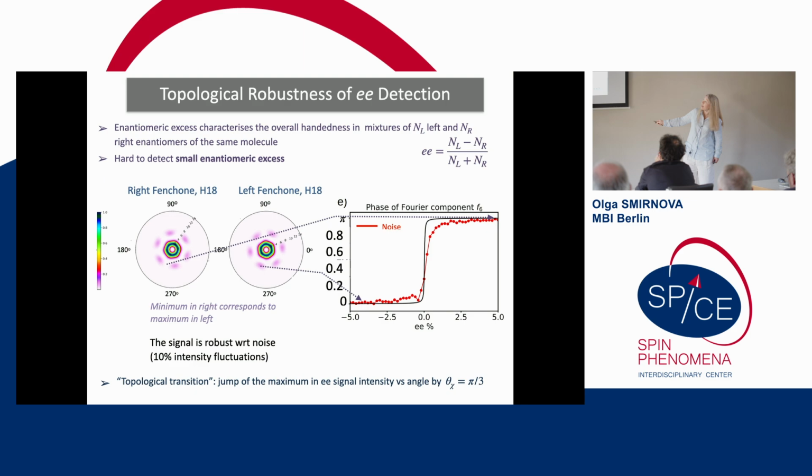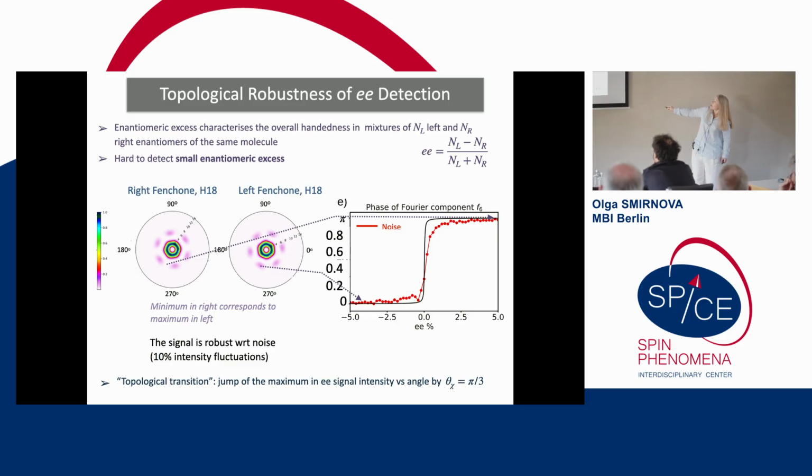If you look at the Fourier transform with respect to the azimuthal angle, and you look at harmonic 6, which picks up this periodicity, then due to this pi shift, when the left molecule dominates you will see a negative signal, and if the right signal dominates, then you see the pi-shifted signal.